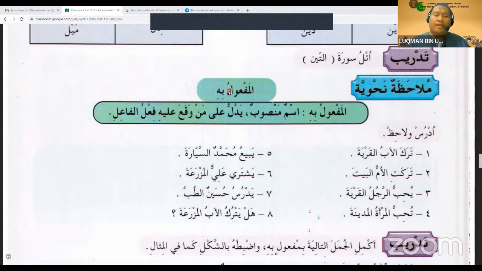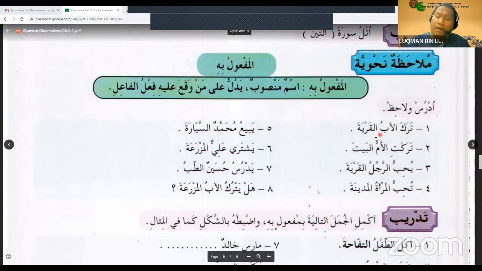It indicates to whom or to what the action of the doer happened. So ang direct object o yung object, yung maf'ul bihi, siya yung tinatamaan ng action. Siya yung natamaan, no? Kung sa kanya naganap yung action. So Odros walahid, study and observe. Let's read the example.